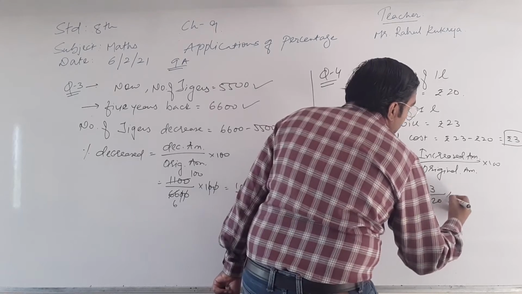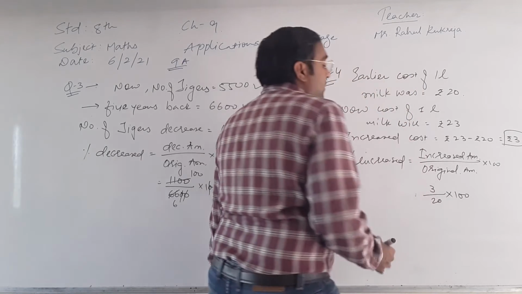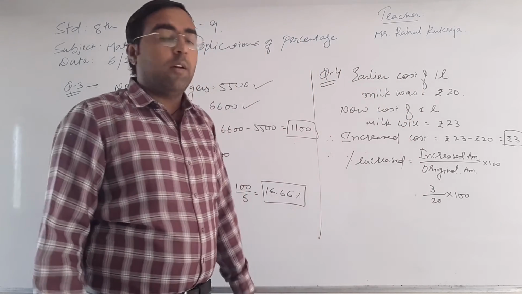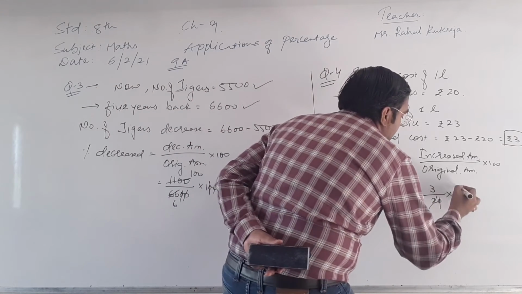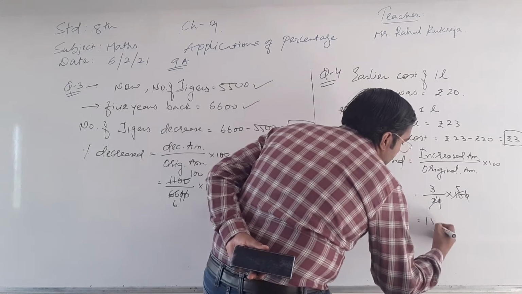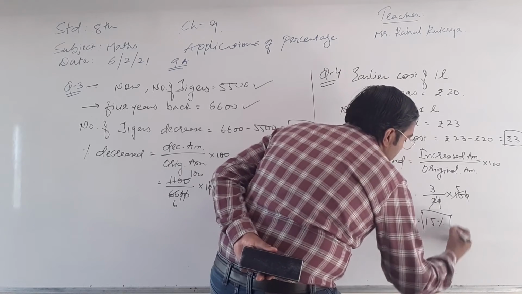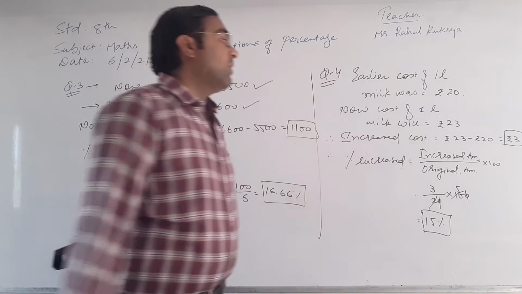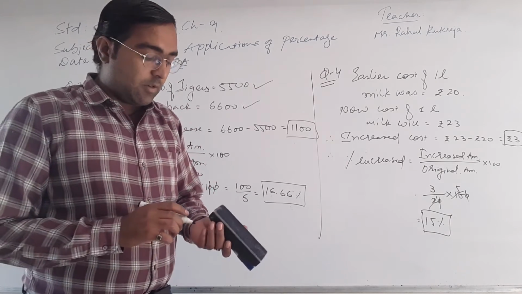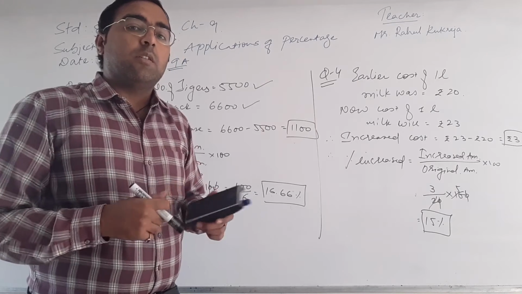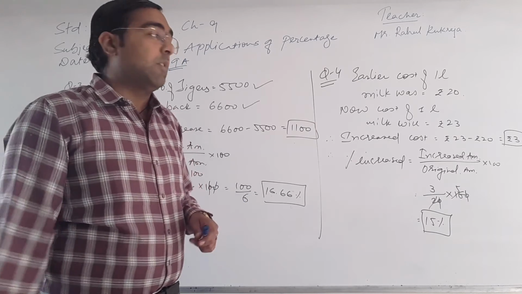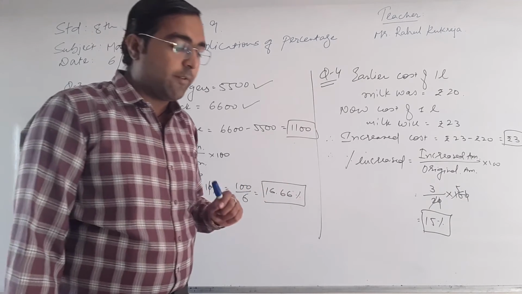Okay, and now multiply it with the 100. So 0 0 cancel out, 2 5s are 10 and 5 3s are 15%, is your answer. So 15% of milk from last, cost of the milk will be increased. Clear?